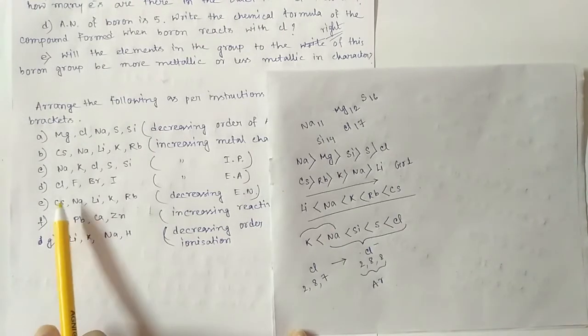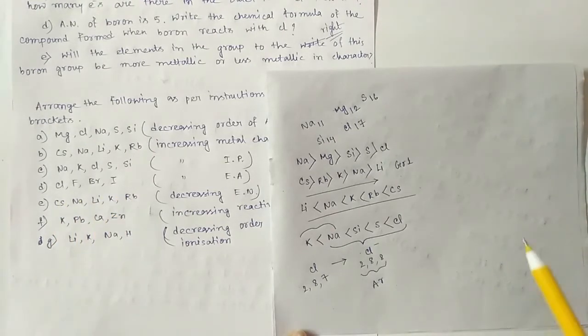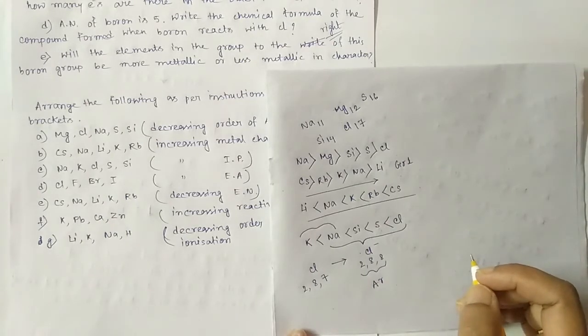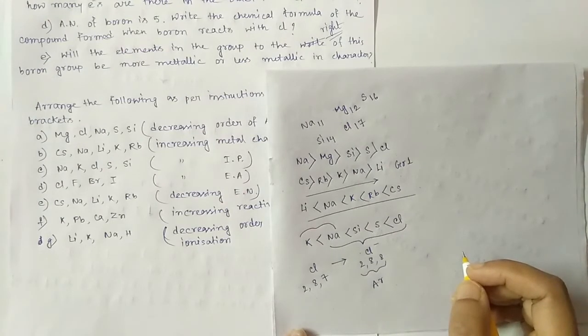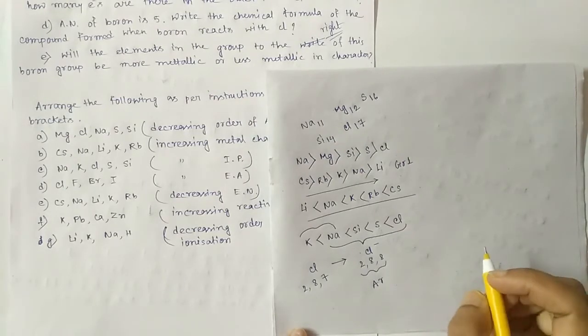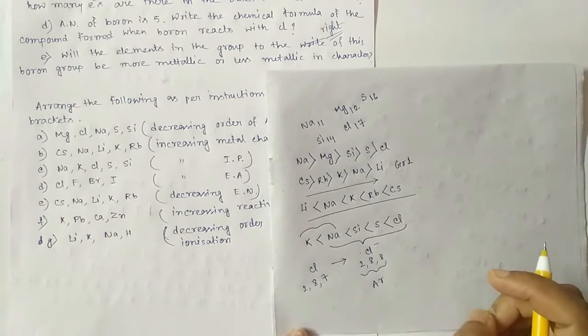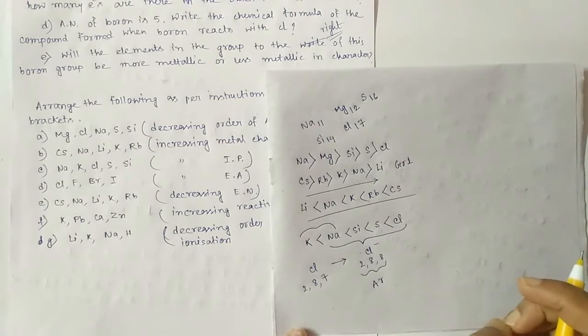Here chlorine, fluorine, bromine, iodine, if we watch them carefully, we will find that they are from the halogen family and they are along a group, the common group 17. I have told you that if the atomic size increases along a group from top to bottom, the effective nuclear charge will decrease, and the atom will hold its outermost electron loosely, so the electron affinity will gradually decrease.